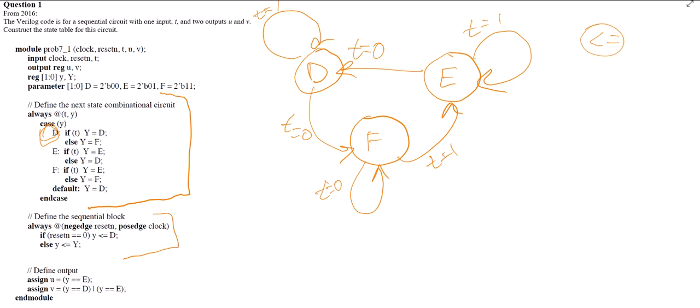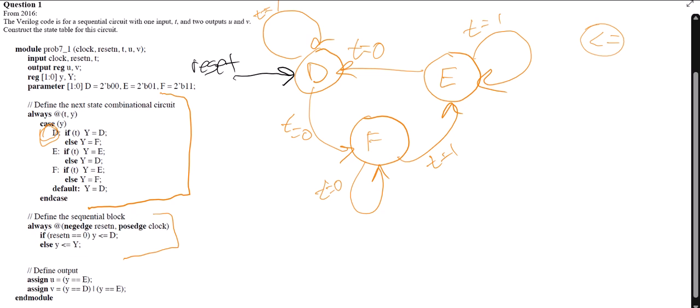Reset in always gets me a little confused, but if reset in equals 0, then you want to reset, and reset means that Y equals D. So reset goes to D. Else, little y becomes the big Y that you calculated up in the always block above.